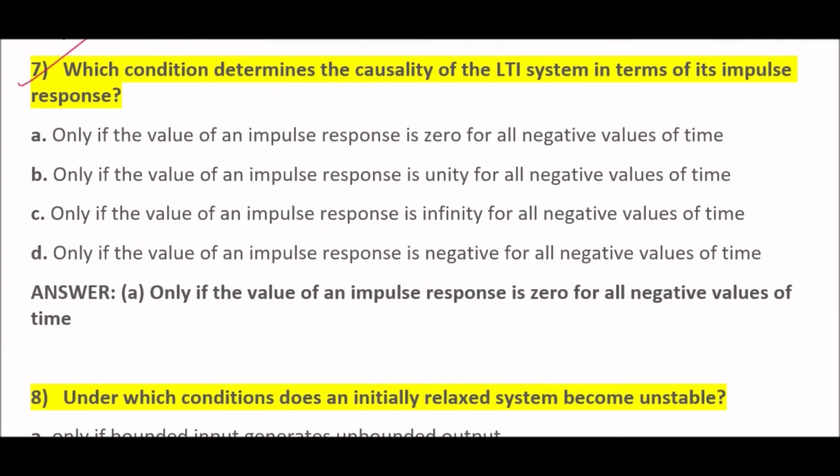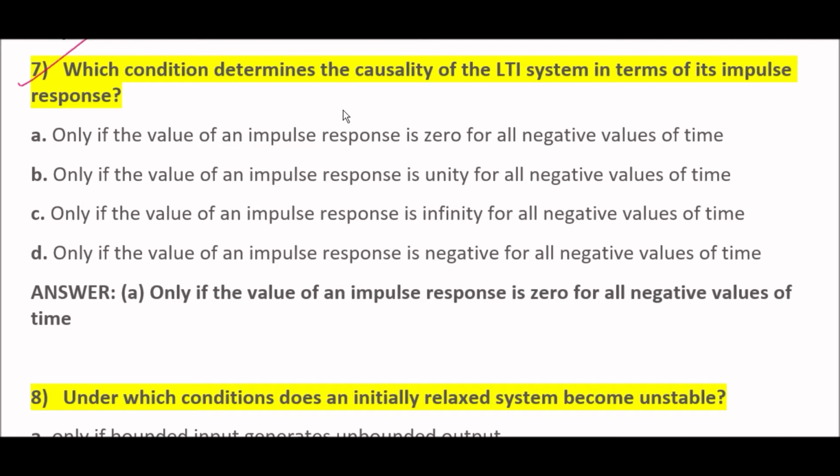Now next question. Which condition determines the causality of the LTI system in terms of its impulse response? Option A, only if the value of an impulse response is 0 for all negative values of time. Option B, only if the value of an impulse response is unity for all negative values of time. Option C, only if the value of an impulse response is infinity for all negative values of time.